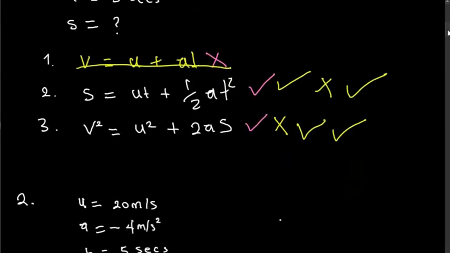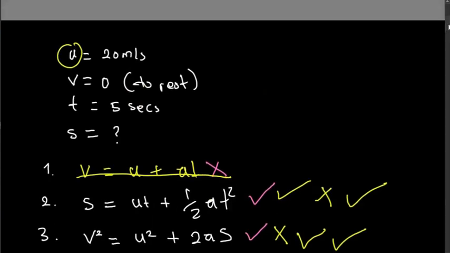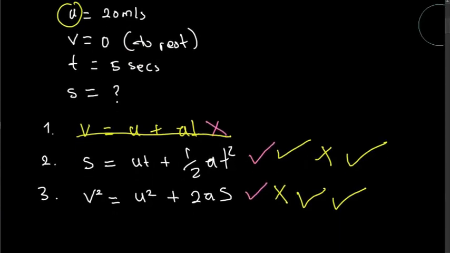Stay with me, please. I want to drive at a point now. Looking at this equation, we have to inspect it. Which one has all the terms required to solve for the unknown? We are looking for distance, right? Looking at these formulas, only 2 and 3 are capable of giving us distance.